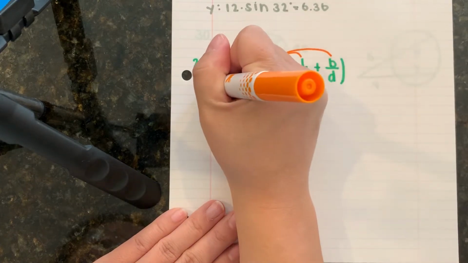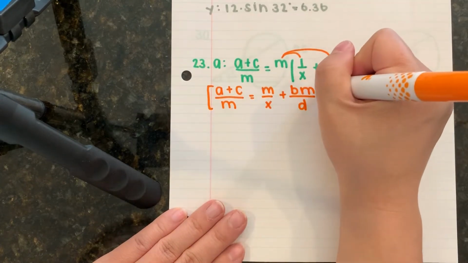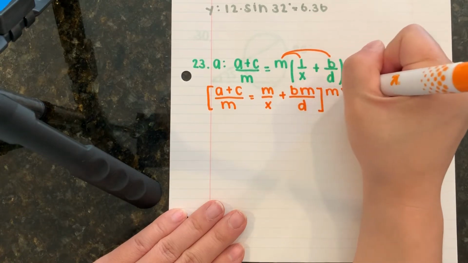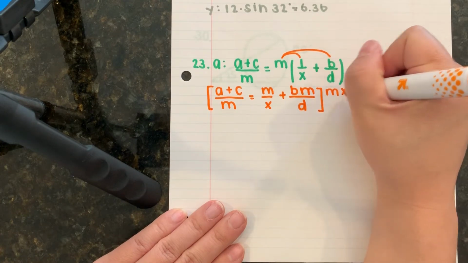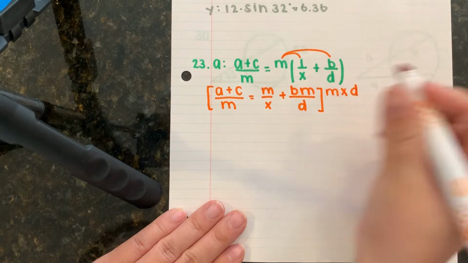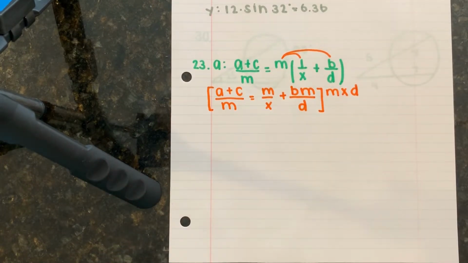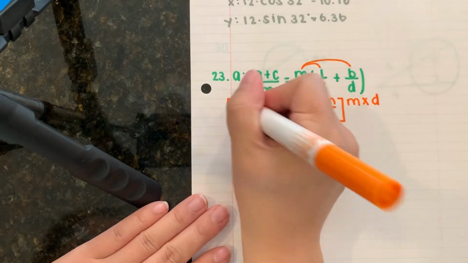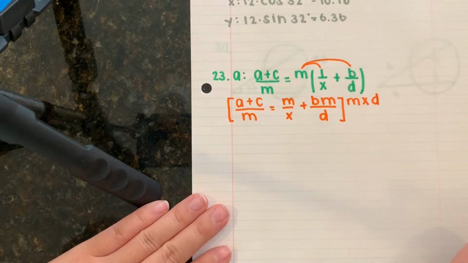Now to get rid of the denominators, I'm actually going to multiply this whole thing by the common denominator, which would be mxd. So when I multiply this fraction by mxd, I would just need to multiply the numerator by xd. So I'd multiply my a plus c by xd.